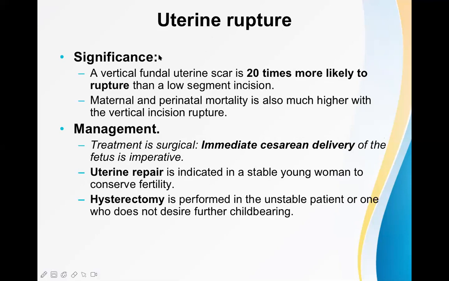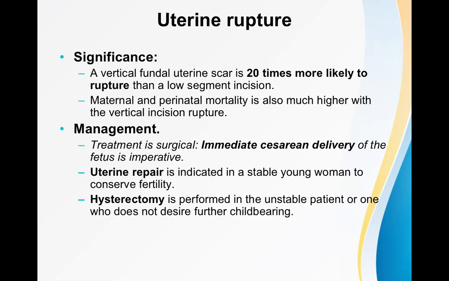Now there is one important point, please pay attention. A vertical fundal uterine scar is 20 times more likely to rupture than a low segment incision. That's what we were talking about just now. These days, we give a lower segment incision, meaning the incision is given in the lower uterine segment.